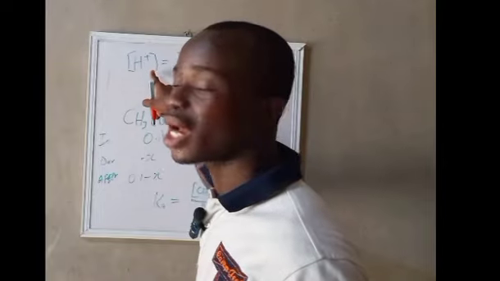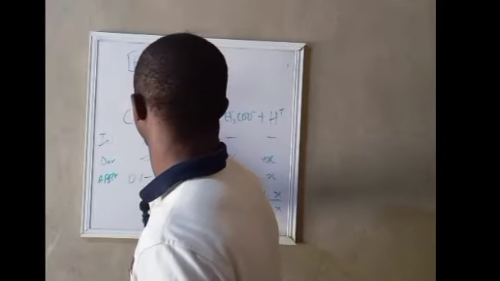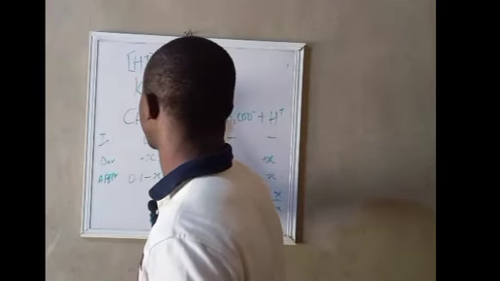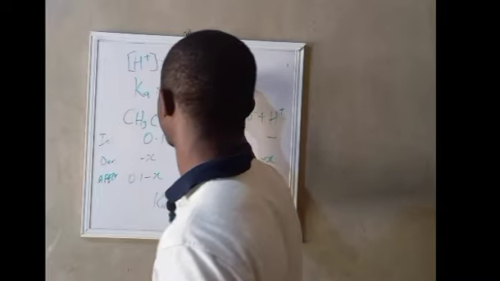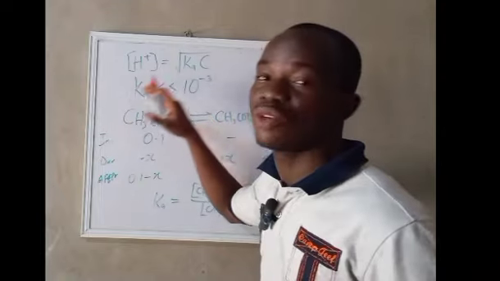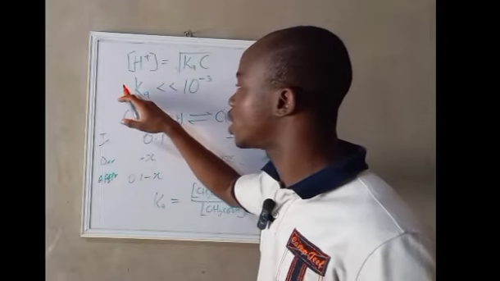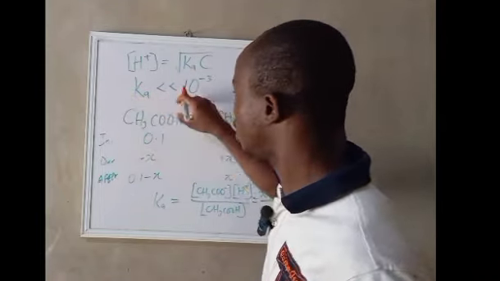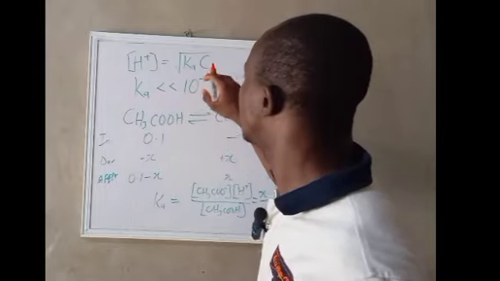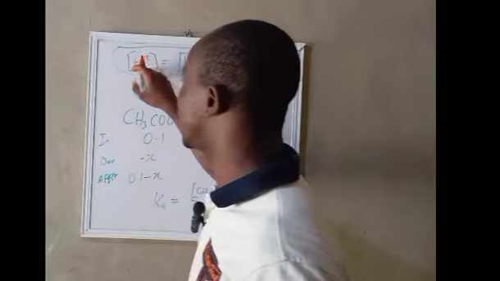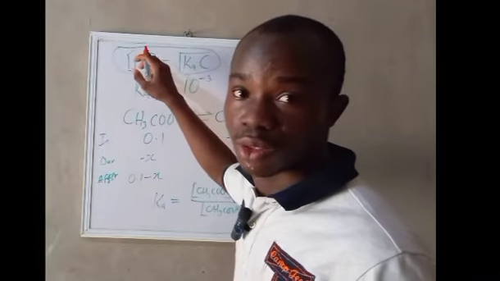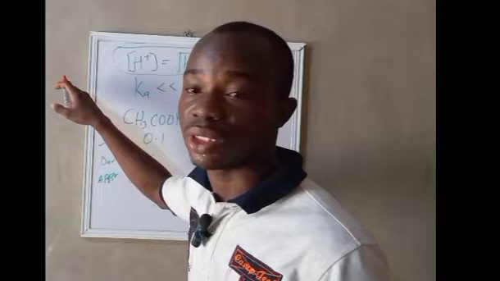But you will only apply this if the Ka is less than 10 raised to power minus 3. When you have a weak acid with a dissociation constant less than 10 raised to power minus 3, then you can apply this expression to get the amount of H plus which you need to determine the pH.